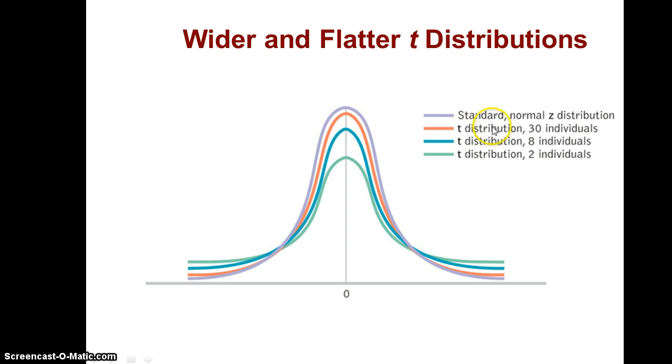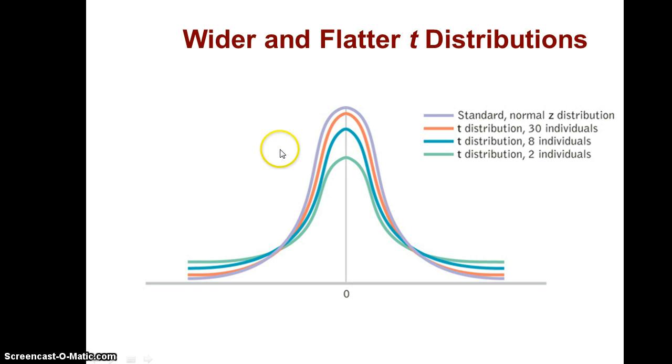For a t-distribution that has about 30 people, you can see it is slightly different from our normal distribution, but the tail is not that much different. So once we get to that 30 in our sample size, then we have a much better approximation of the normal distribution.